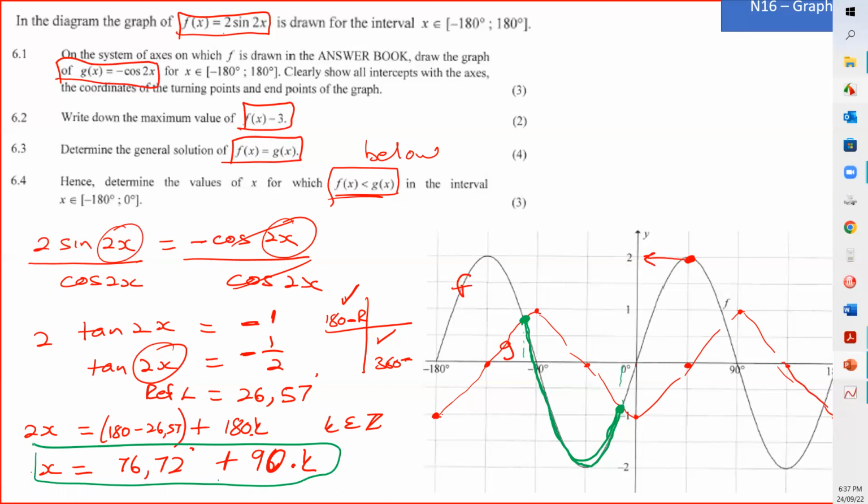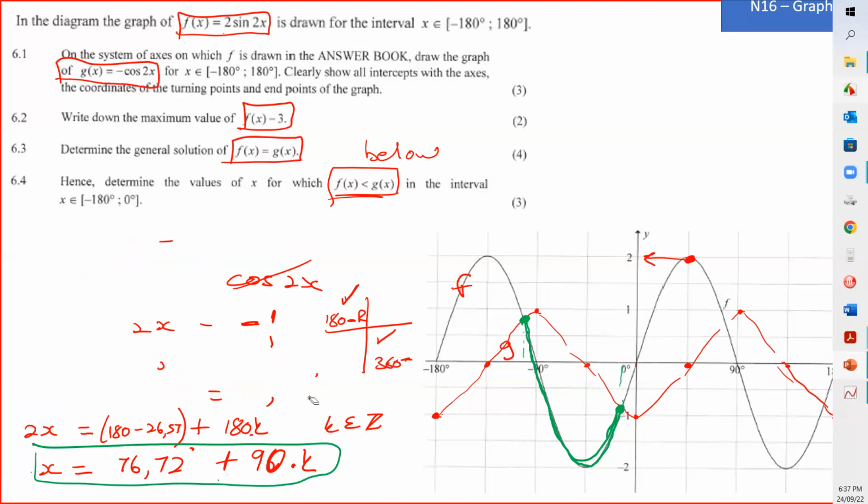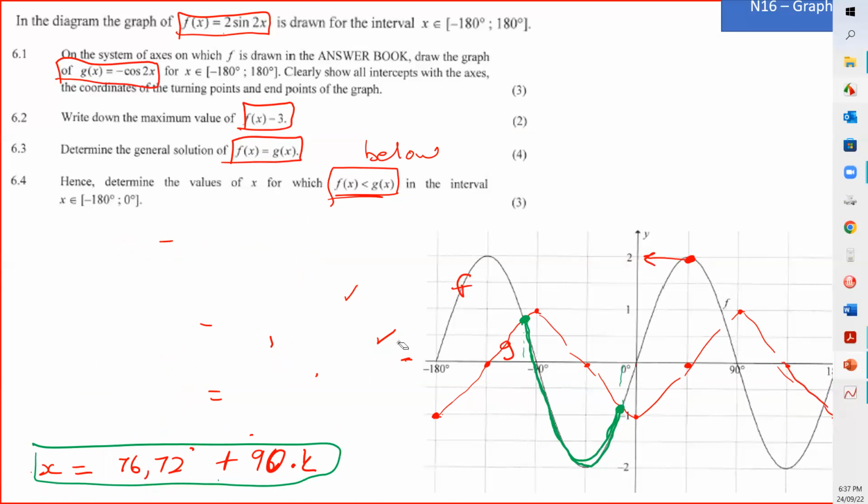So I want to take that with me even as I work out this problem. And if this was a specific solution, what we would have done is substitute values to find the points of intersection.